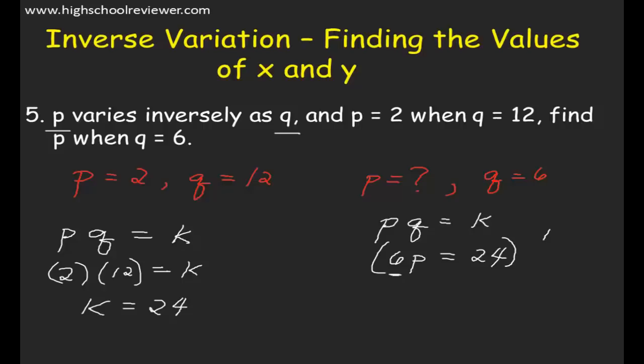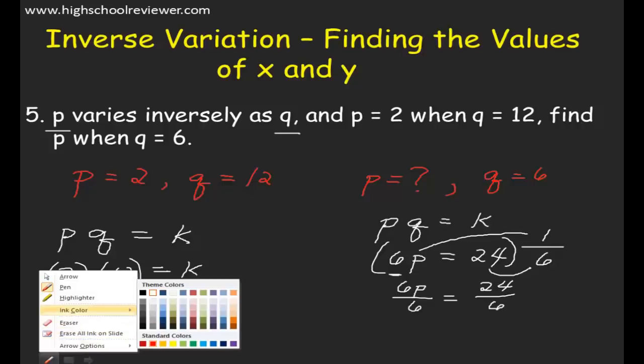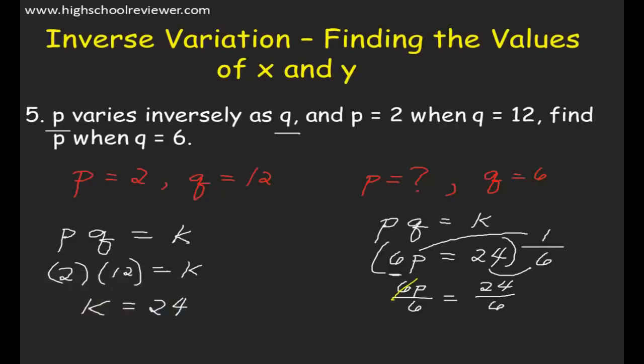Just divide both sides of the equation by 6. So we have 6P times 1 over 6, that will be 6P all over 6, and this will be 24 times 1 over 6, that's 24 divided by 6. So 6 divided by 6 is equal to 1. So we have here 1 times P, that is P. 24 divided by 6 is 4. So P is equal to 4 when Q is equal to 6.